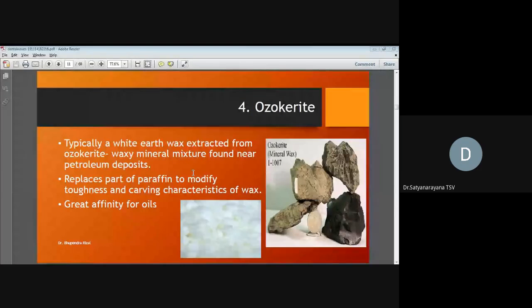Your Ozokerite is added to get the carving characteristics of the wax. Understood? So most of the waxes are filled with paraffin, that is, all your dental waxes contain 40 to 60% of paraffin.